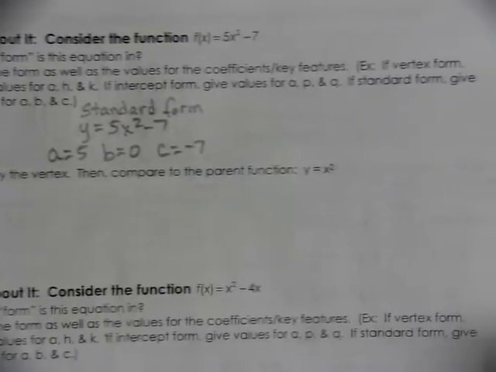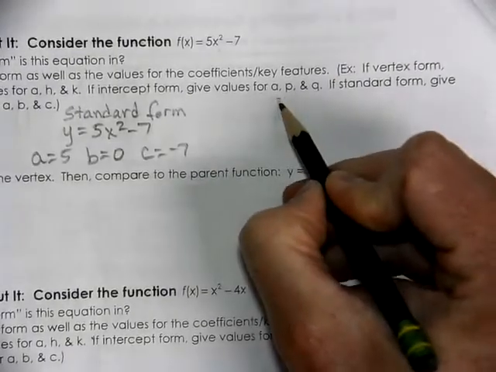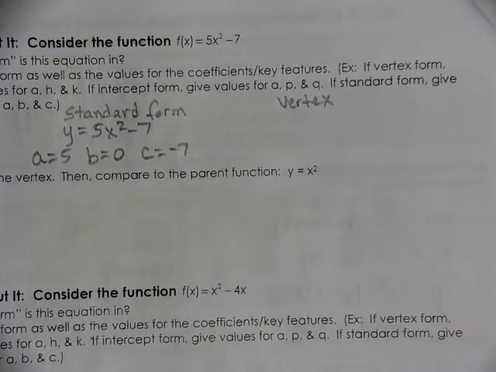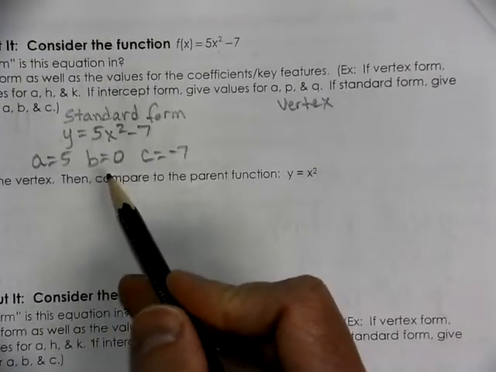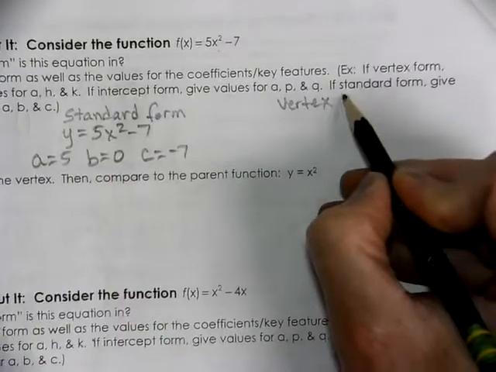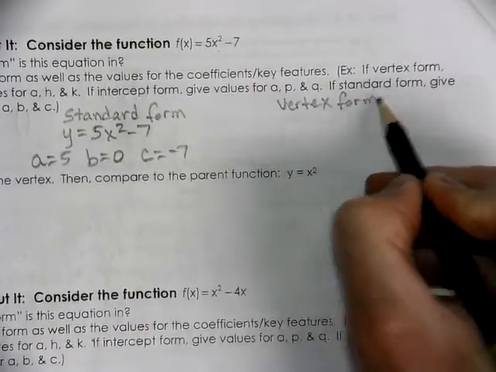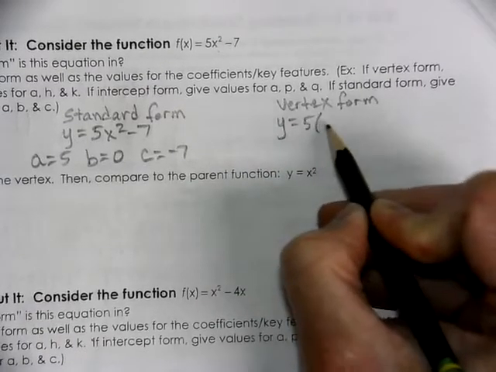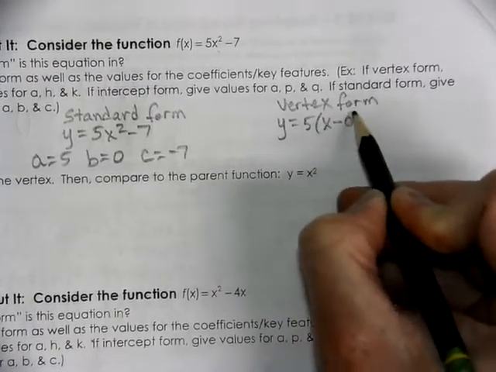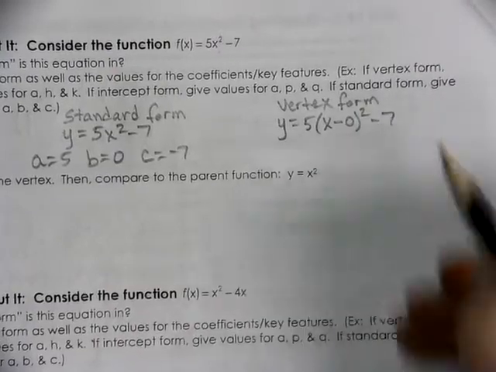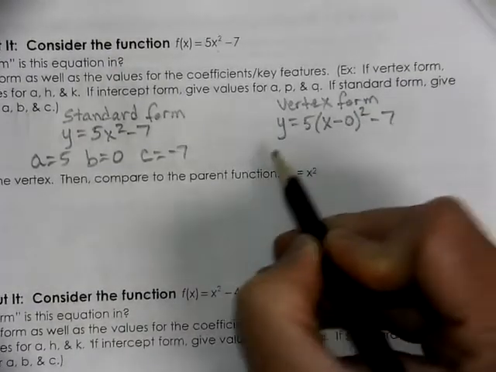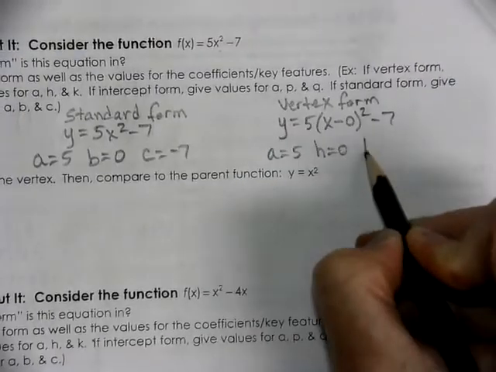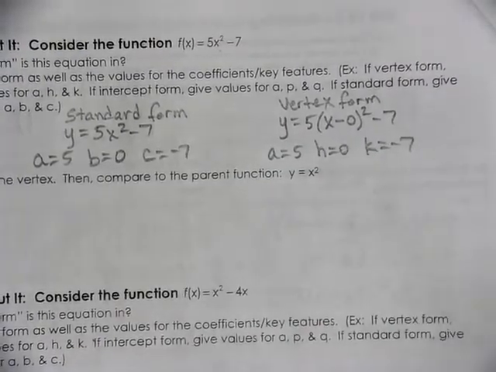But what's also kind of neat about this, as long as we don't have a b value, you could call this vertex form. Where we call this 5 times x minus nothing squared minus 7. Where your a value is still 5, your h value is 0, and your k value is negative 7.